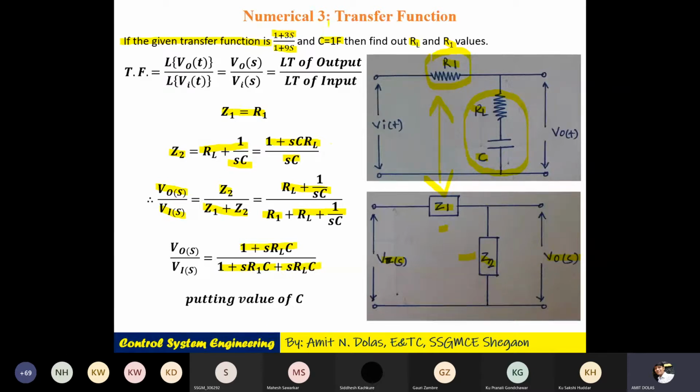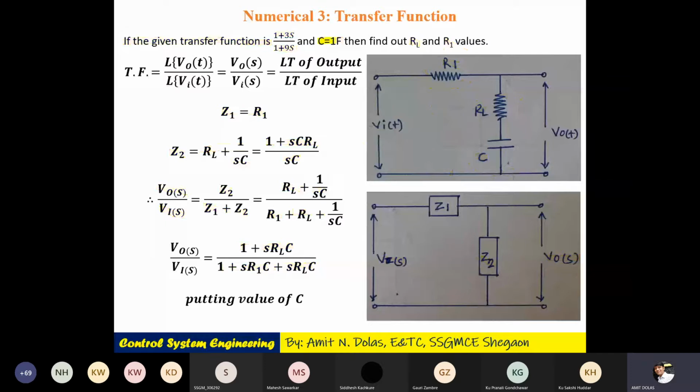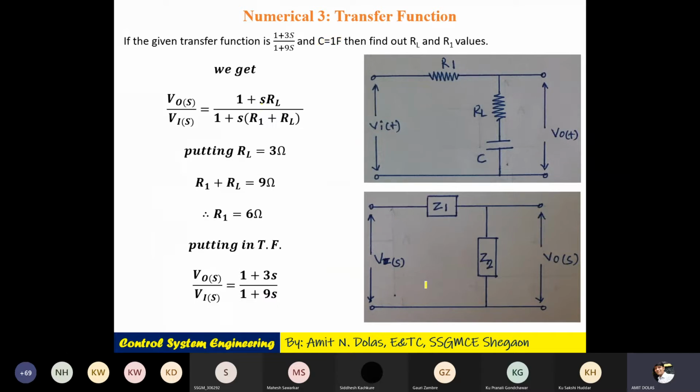Now we are given the value of the capacitor, 1 farad. So we put the value of the capacitor, 1 farad, everywhere. Putting it into the equation, we get 1 plus SRL upon 1 plus S common into R1 plus RL.